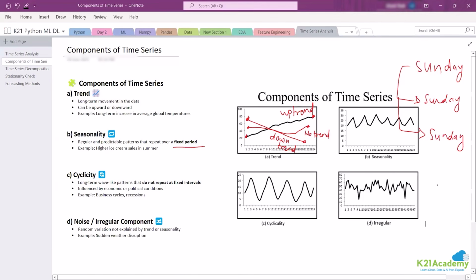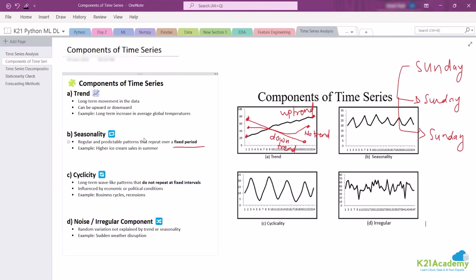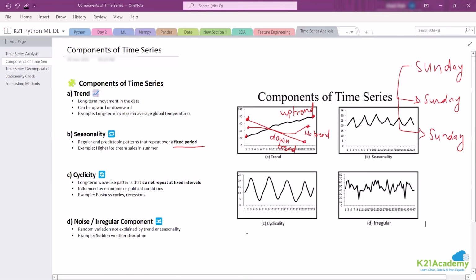So this is the same pattern which occurs on every Sunday. This is the fixed period. As well, you can say that the sale of ice creams and cold drinks is higher in the summer. So every summer you will get higher sales of cold things, right?